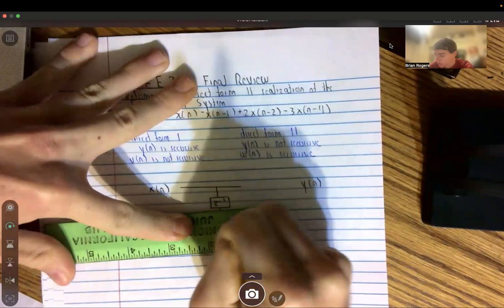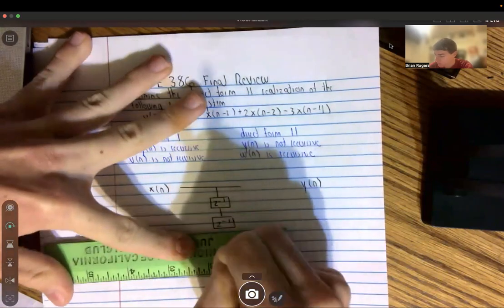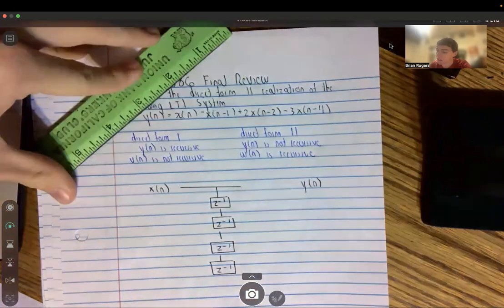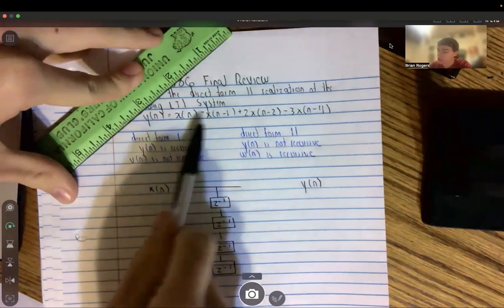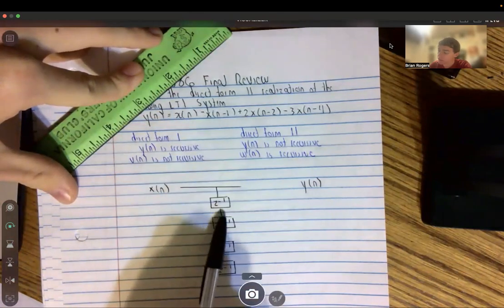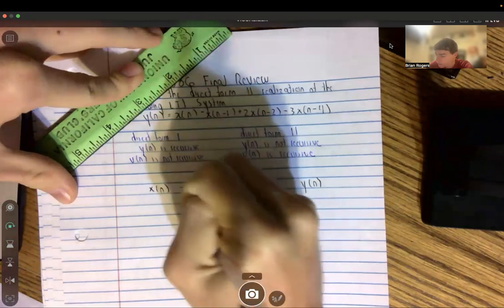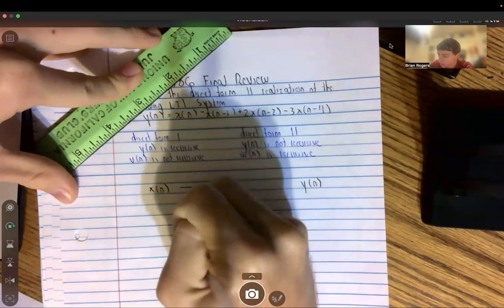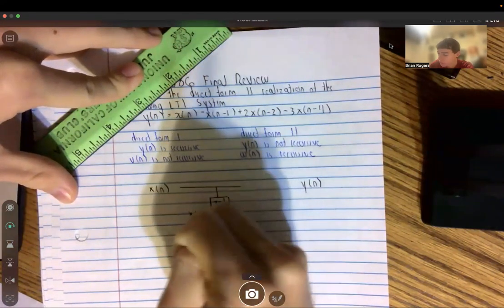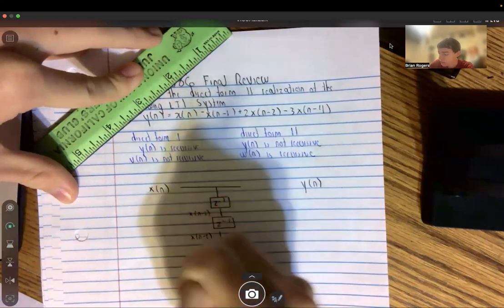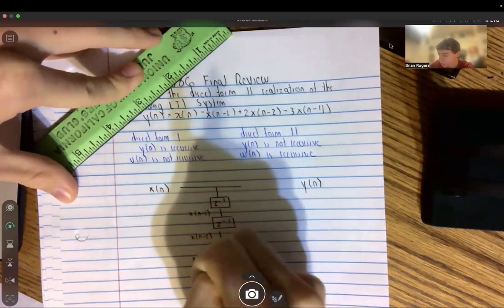So we have 4 unit block delays. And then after that, notice that our x of n is just added to negative x of n minus 1. So at this point right here, it's x of n minus 1. At this point right here, it's x of n minus 2. At this point, it's x of n minus 3. Then after this block, it's x of n minus 4.